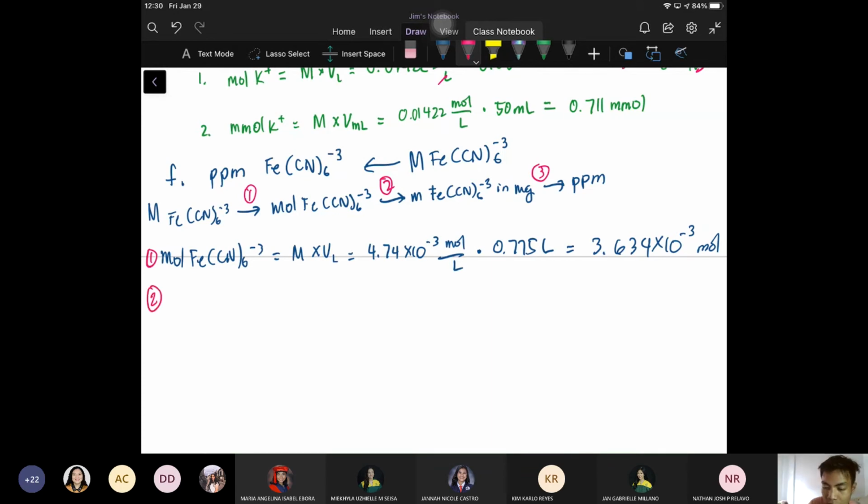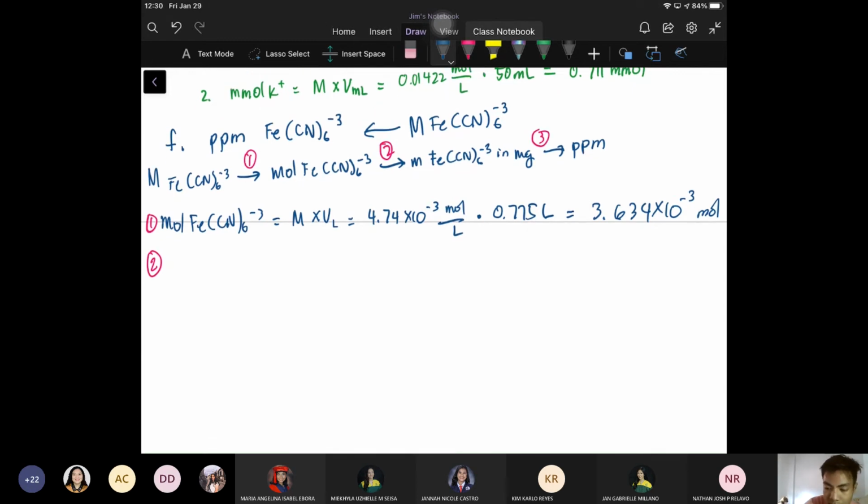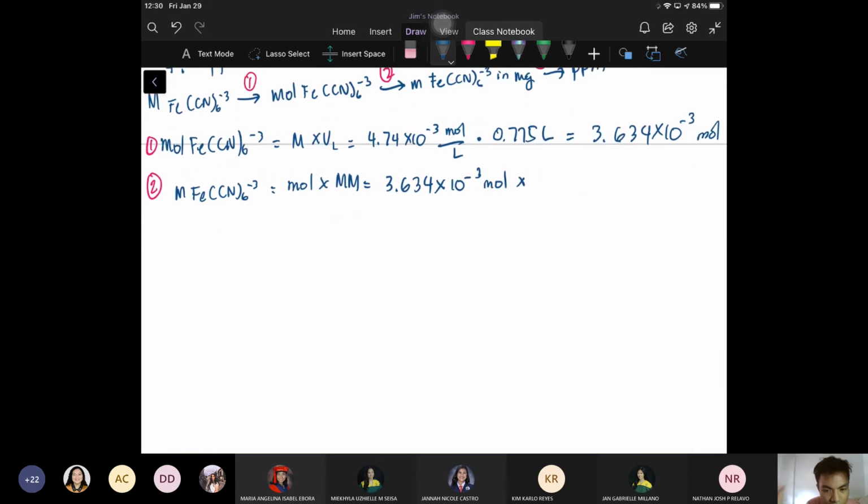Next one. Susunod. From mole ng FeCN6 papunta sa mass ng FeCN6, then gagawin natin milligram. Okay? So paano yon? Mass-mole relationship lang yan. Okay? So gamit ka ng mole, mass FeCN6 equals mole niya times the molar mass. Okay, so kopyahin ko yung mole. Ano yung molar mass ng FeCN6? Yung negative 3, charge yon.